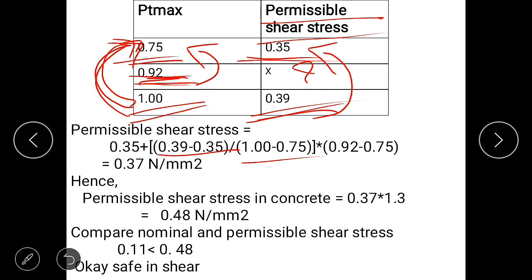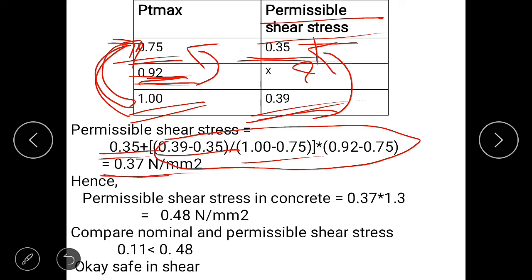minus 0.75. So these all value add here, 0.35 plus. So the permissible shear stresses is 0.37 Newton per mm square for 0.92 percentage of steel. By interpolation method we find here.